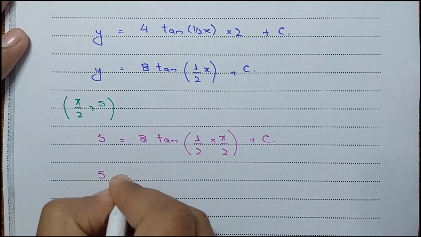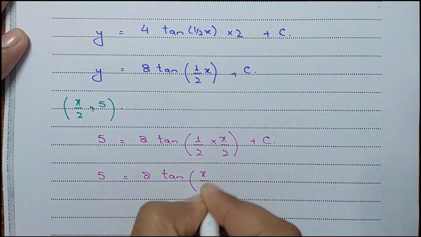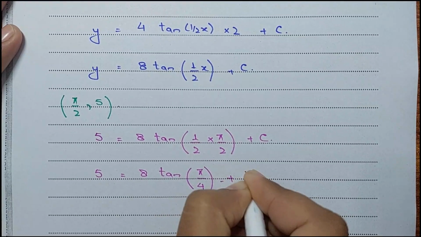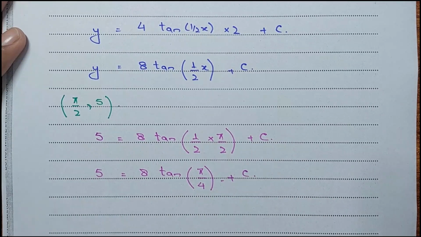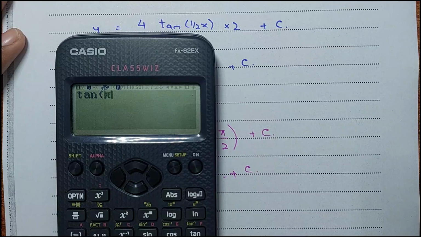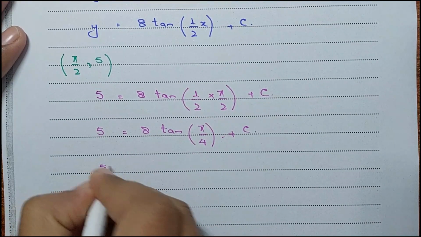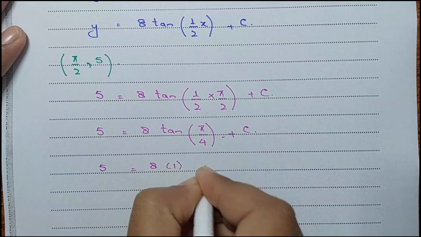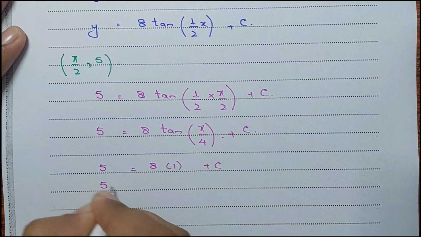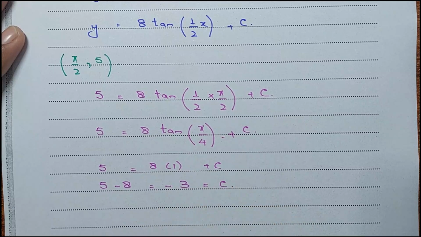So we have 5 equals 8 times tangent pi/4, which is 1, as we all know. But if you want to double check, this is in radians. Tangent pi/4 is 1. So we have 5 equals 8 times 1 plus c. So 5 minus 8, which is negative 3. This is your c value.